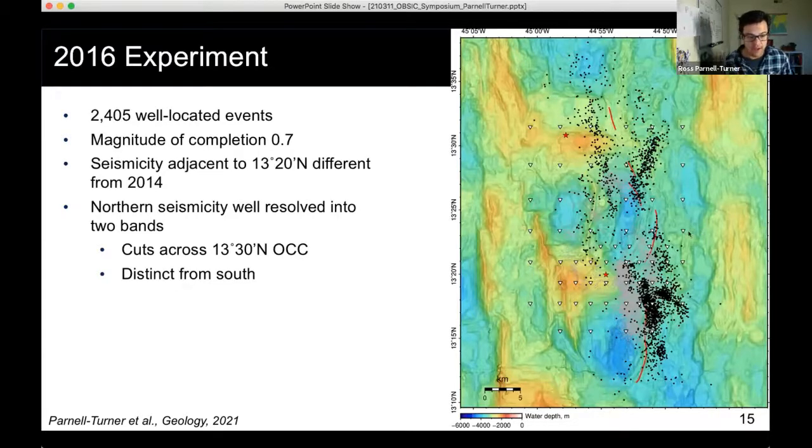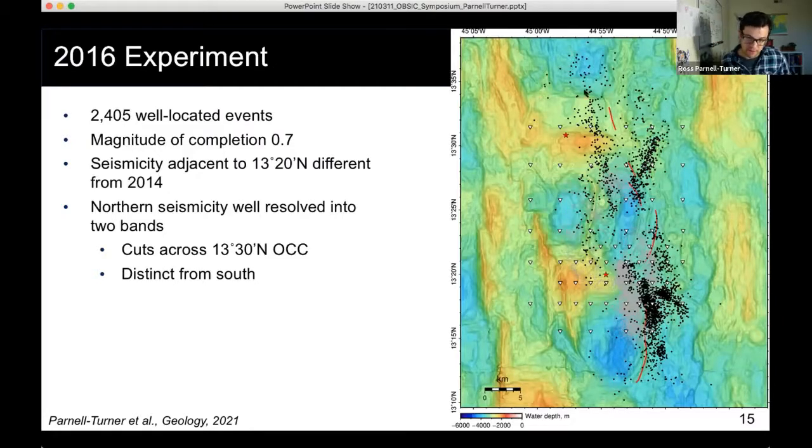And straight away, you can see that there's still this patch of lack of seismicity in between the 1320 and 1330 detachments. And now, rather than that kind of diffuse patch of events that I showed you before, we've now resolved that northern seismicity into these two quite nicely linear bands of microearthquakes that are oriented parallel and subparallel to the main axial volcanic ridge.